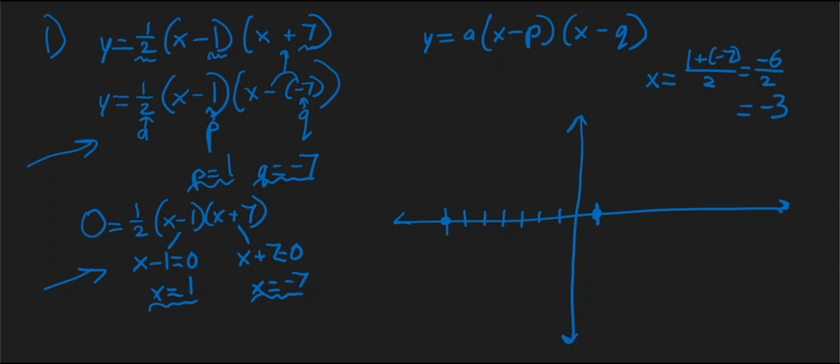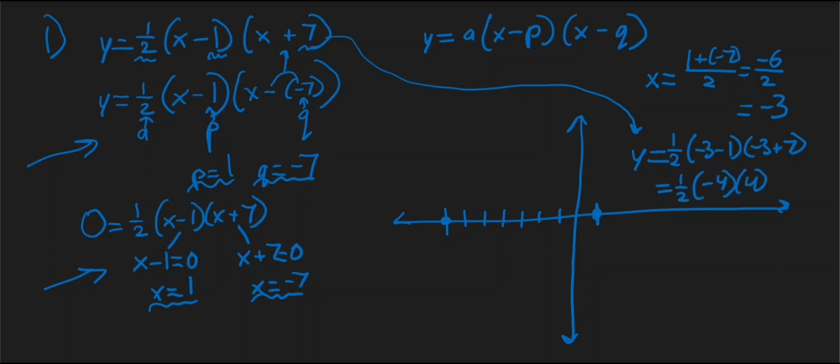Once we know what the value of x is for the vertex, to get the y value, you plug it back in for every x in the original function, which is right over here. So we can plug in -3 for x. We have 1/2 of the quantity of -3 minus 1 times -3 plus 7. -3 minus 1 would be -4, and then -3 plus 7 would be +4.